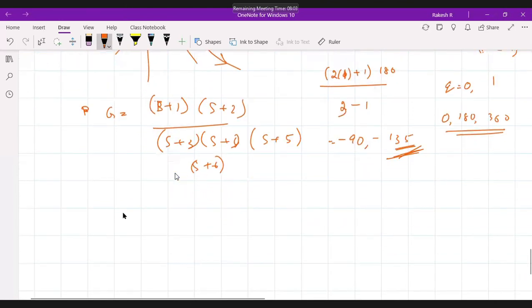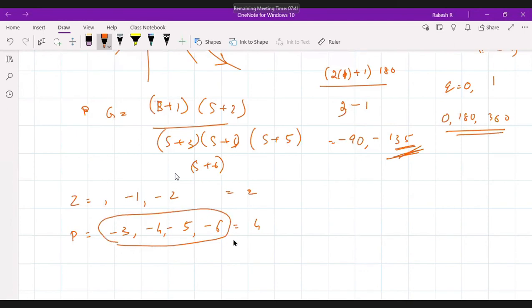So what do we have? The roots of zeros will be minus 1 and minus 2. Roots of poles will be minus 3, minus 4, minus 5 and minus 6. So Z is 2, and poles is 4. These are the real parts of poles, and these are the real parts of zeros.